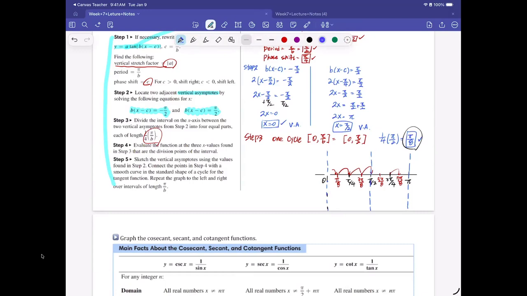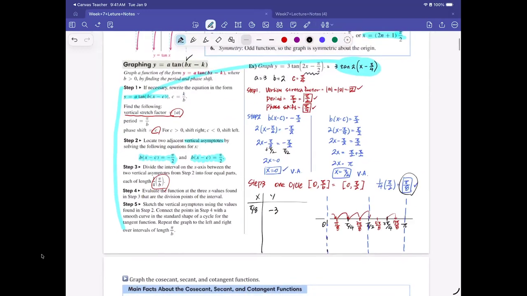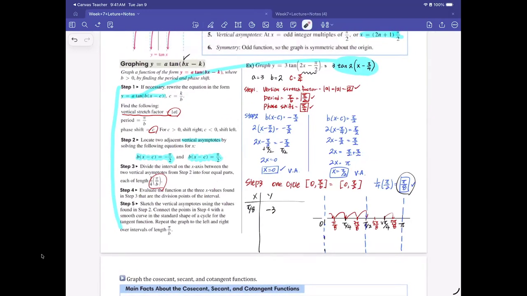So what happens when x is pi over 8? If you plug that in, you're going to get -3 here. And when you plug in pi over 4, then you're going to get 0.